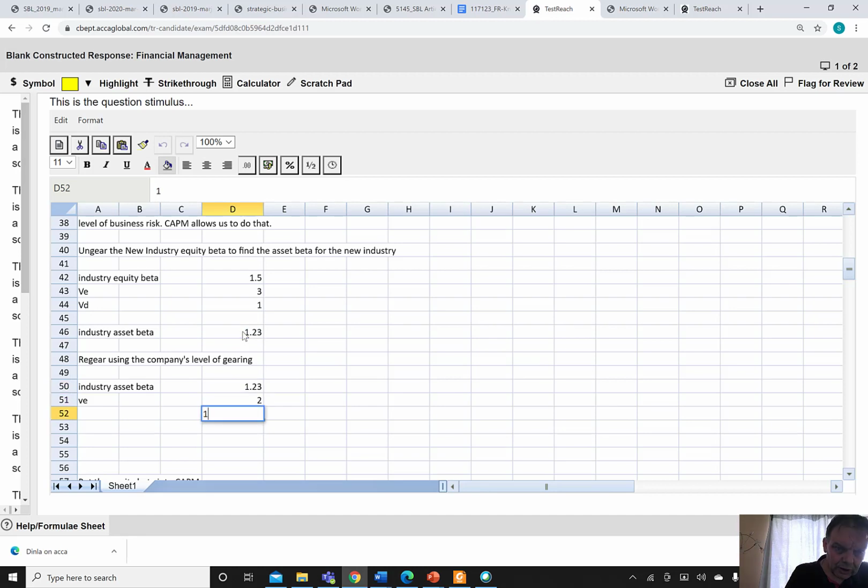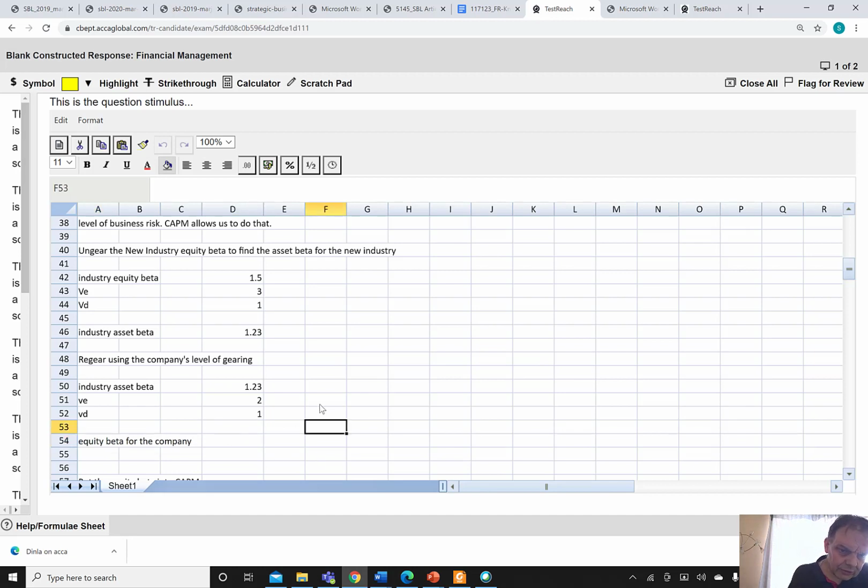And the value of debt is 1. So we can put these in, and then we can identify the value of the equity beta for the company.